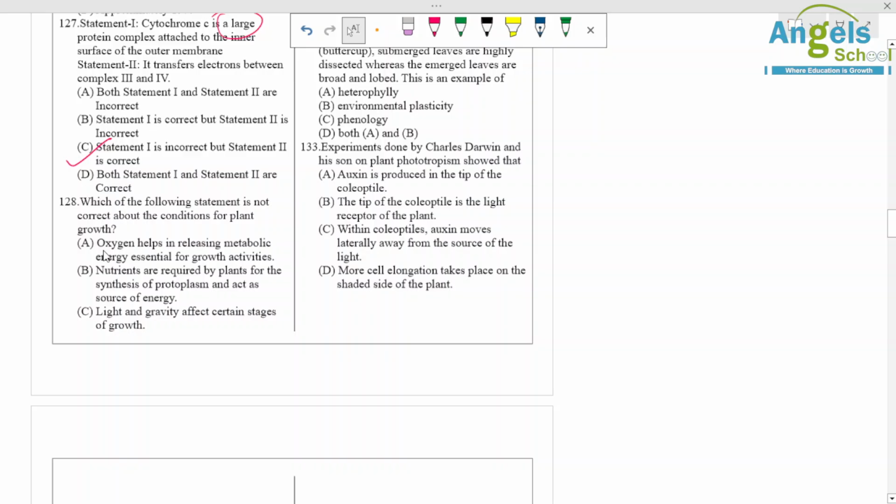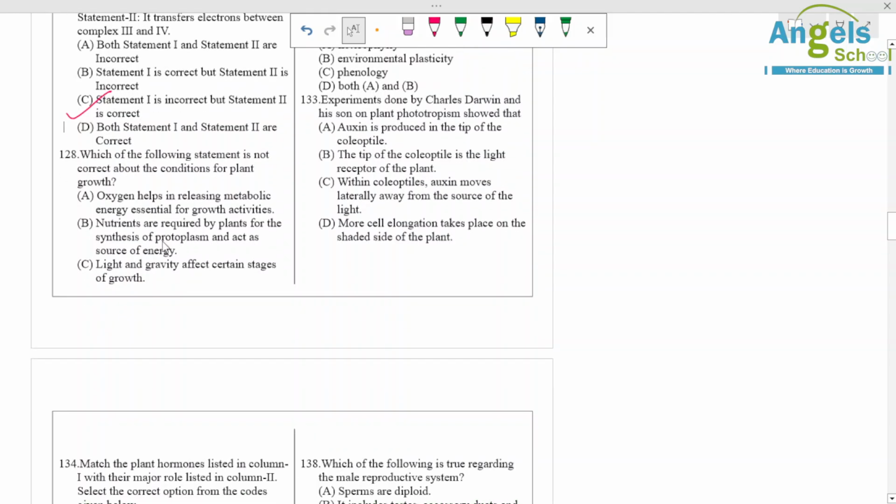Question number 128. Which of the following statements is not correct about the conditions for plant growth? Oxygen helps in releasing metabolic energy essential for growth activity. Nutrients are required by a plant for synthesis of protoplasm and act as a source of energy.